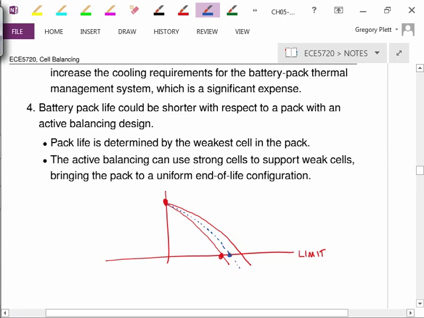So overall, the life is here instead of there, and the overall length of operational use of the battery pack is longer. So some things to think about. There's pros and cons. The biggest advantage of passive balancing is its simplicity. But there are these disadvantages that you also have to consider in a design.